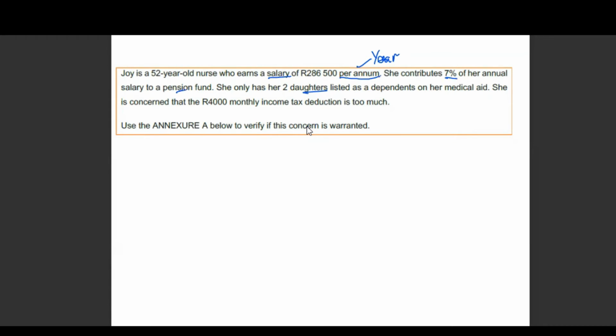So the first thing you do is to look for taxable income, which we said equals the gross minus the tax deductibles. Now here we only have pension.